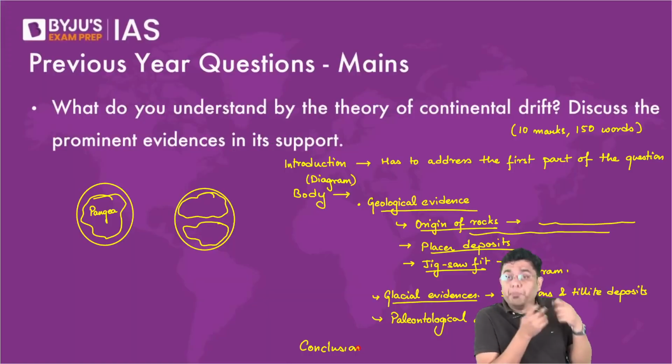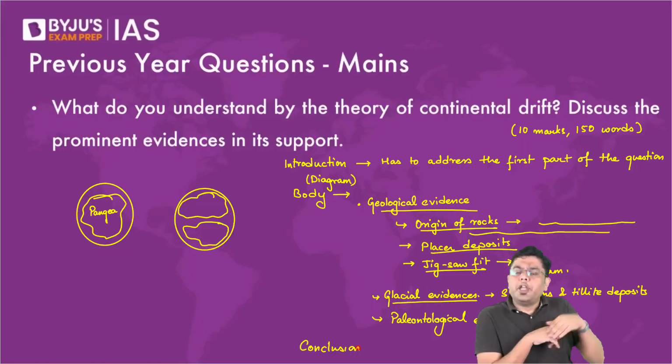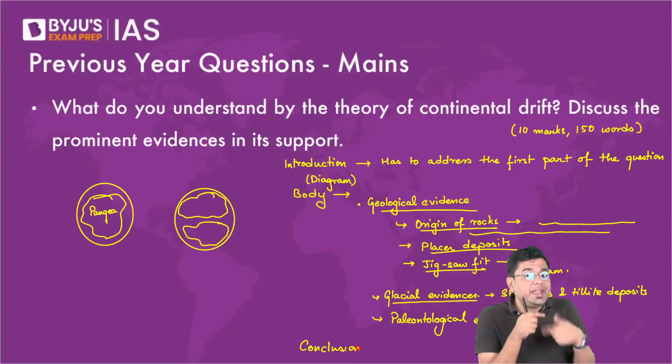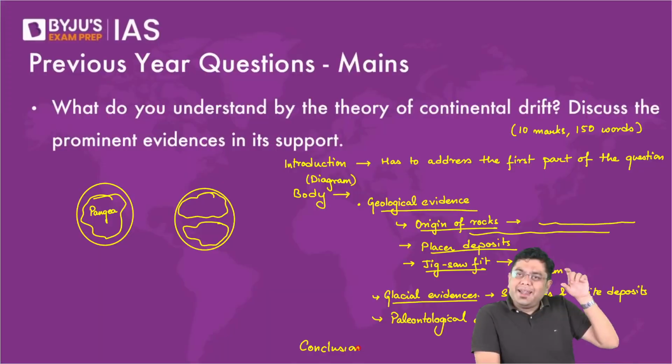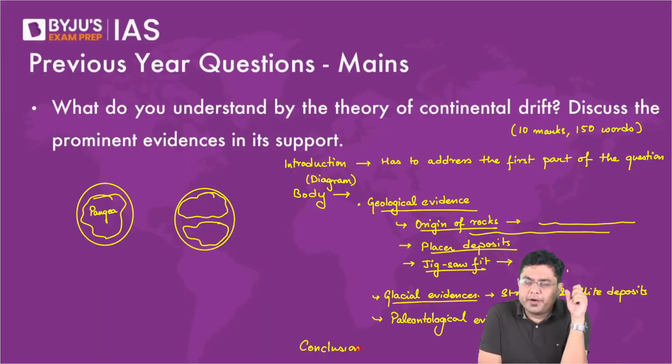This formed a bulwark, or the basis, for the evolution of further theories like plate tectonics, which help us understand the realities of the movement of planet Earth. Now, when you are creating this kind of a conclusion, you are highlighting the importance of the continental drift theory, and you are highlighting how this theory has been instrumental in the postulation of plate tectonics as well. So that is something which is required.